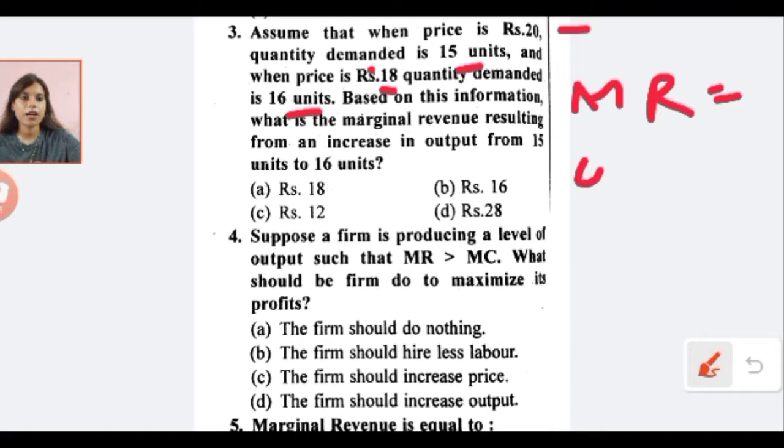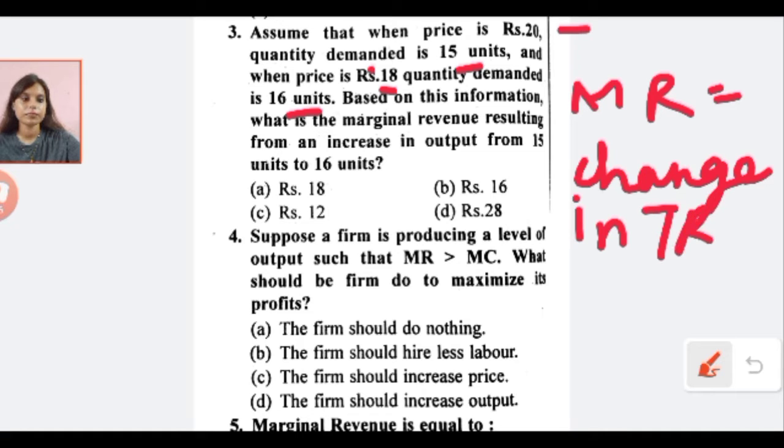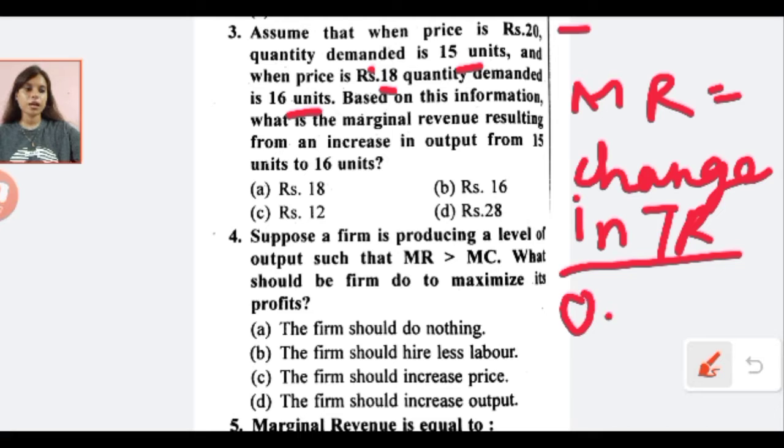change in TR divided by change in the output. I'm writing it down simply output. So it's MR is equal to change in the TR divided by change in the output. That's the formula.